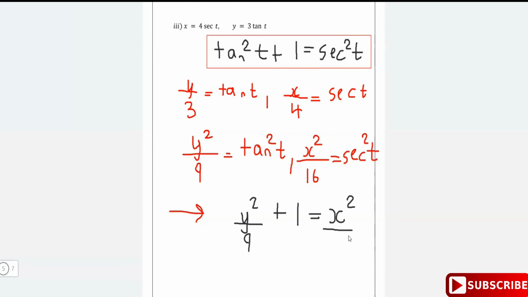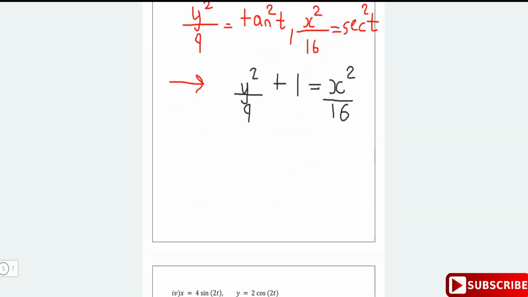From here on, you could continue to make y the subject if you may. So first we can multiply through by 9 to get y square plus 9 is equal to 9x squared over 16.